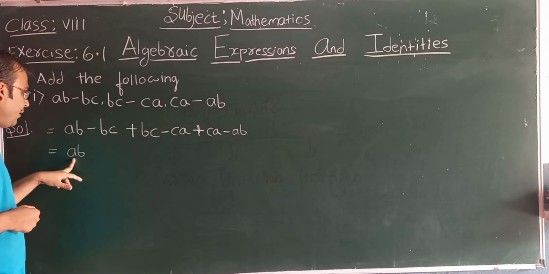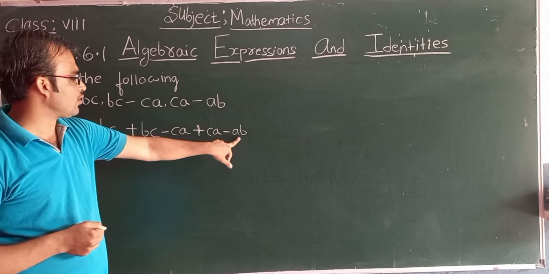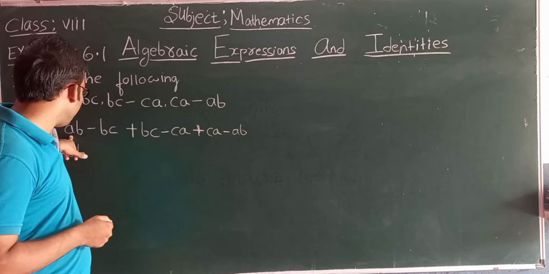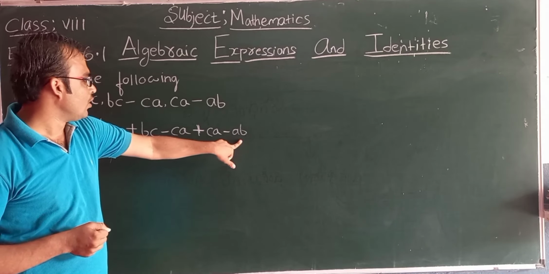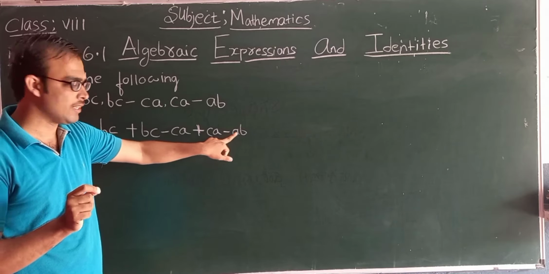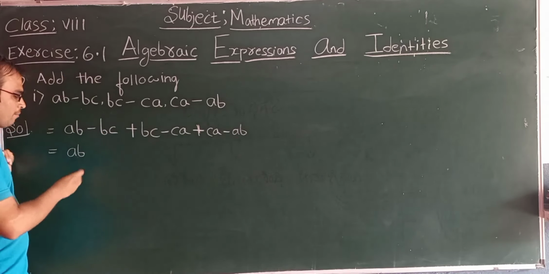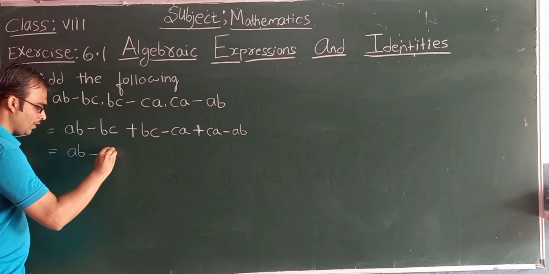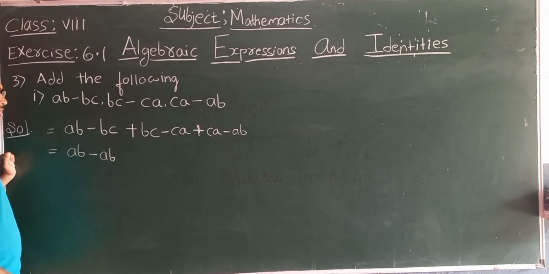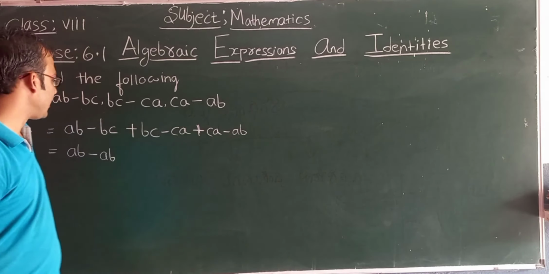Here AB is there, and here also AB is there. This AB is with the minus sign, so write it here with the minus sign, that is minus AB. Here only two AB terms are there.